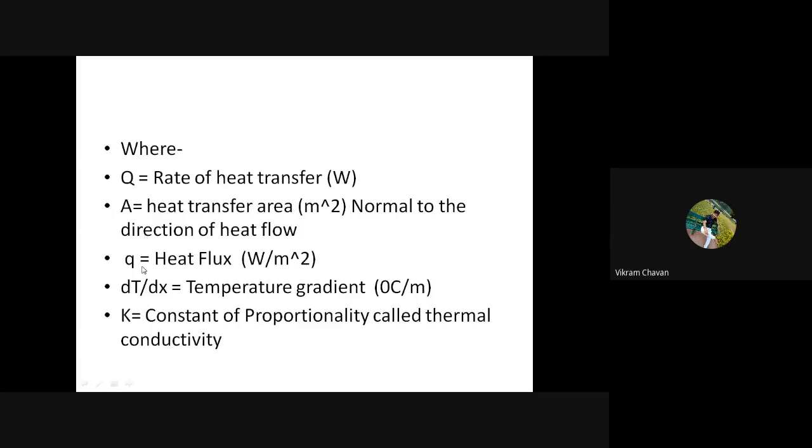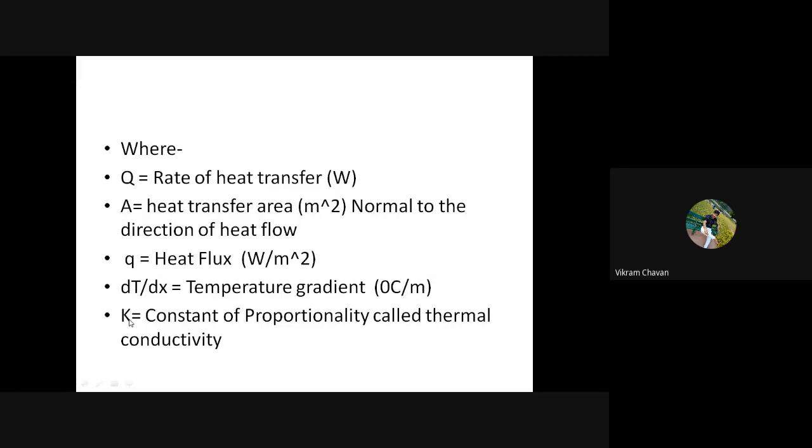Then here we come to small q. Here I have not provided any symbol for the heat flux, but for the heat flux we have to consider small q as the symbol. Small q is nothing but heat flux, and its unit is watt per meter square. Then dT divided by dx is nothing but temperature gradient, and its unit will be degree Celsius per meter.